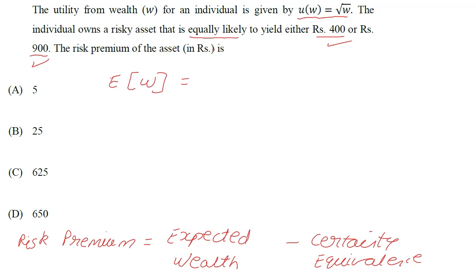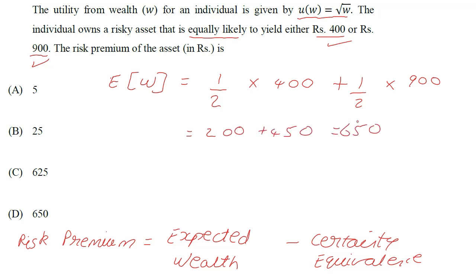Equally likely, that means there's a 50% chance that the person will end up with 400, or a 50% chance that they will end up with 900, which gives us 200 and 450, which is 650. So expected wealth is equal to 650.